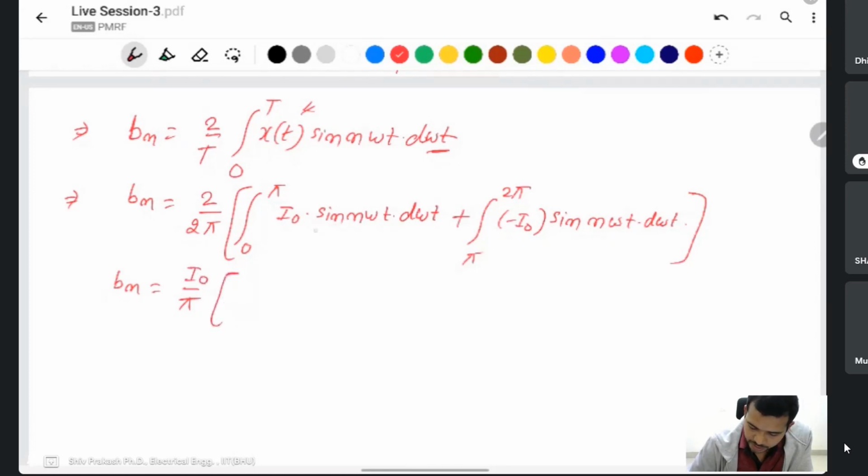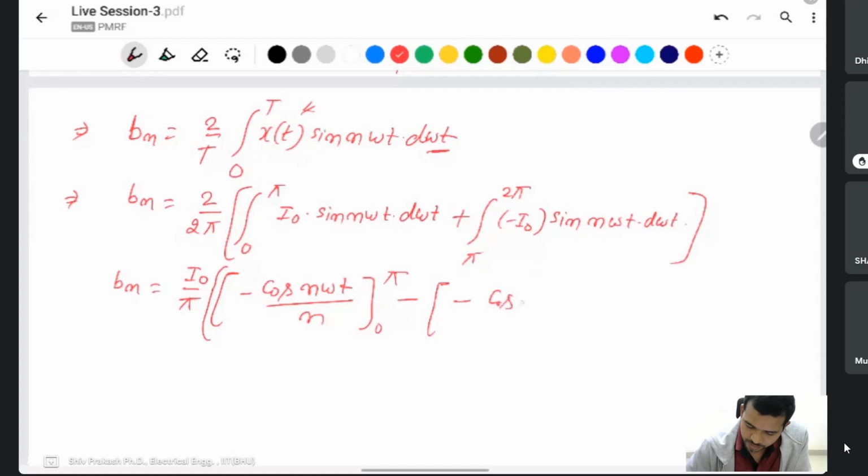If you integrate sin(ωt), you find cos(nωt) divided by n, from 0 to π, minus cos(nωt) from π to 2π.